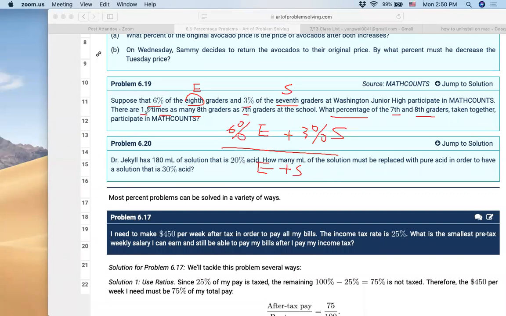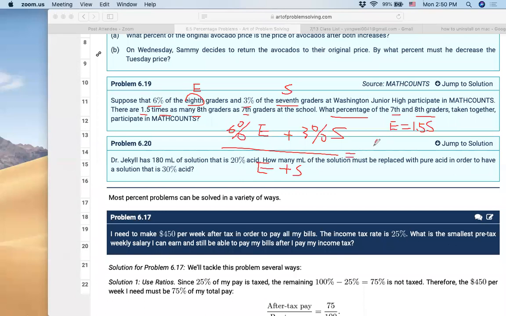Here, they tell you 8th graders are 1.5 times the 7th graders. So E equals 1.5 times S, right? We can plug in 1.5S to replace E in this expression.